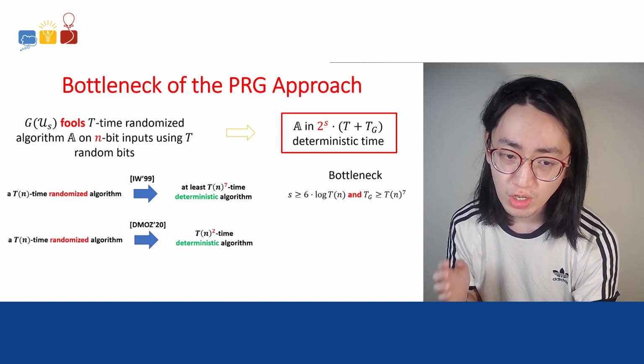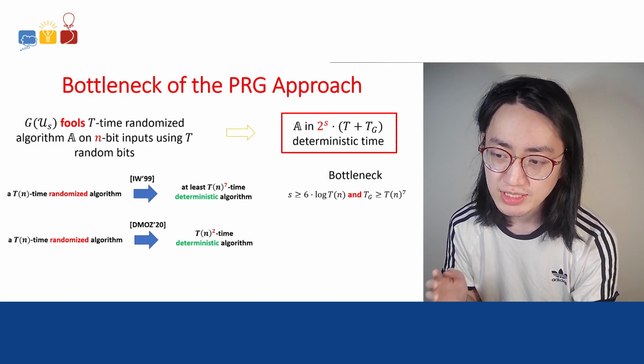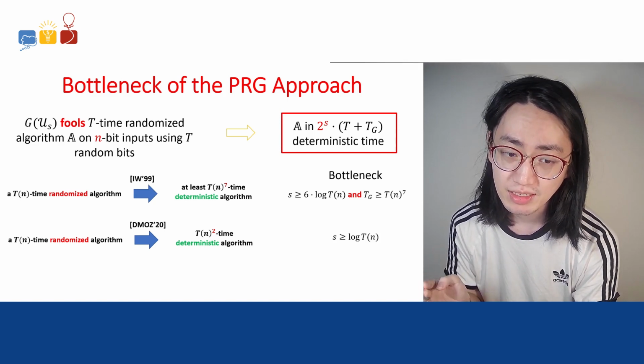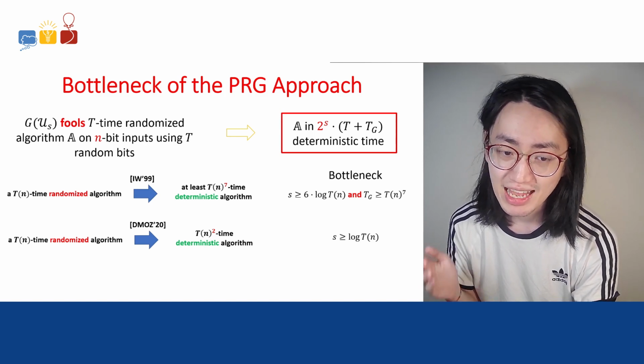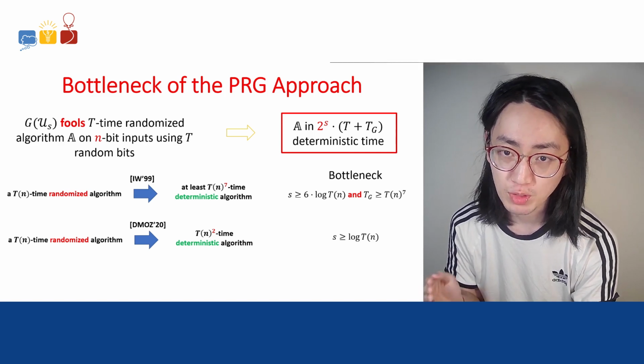In the more recent work by DMOZ, the bottleneck there is mostly on the seed length, since their seed length is at least log T of n, and plug that into the formula for running time. This gives us at least T of n squared running time as a result.